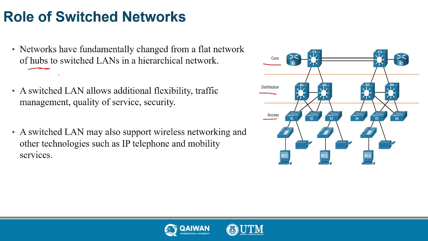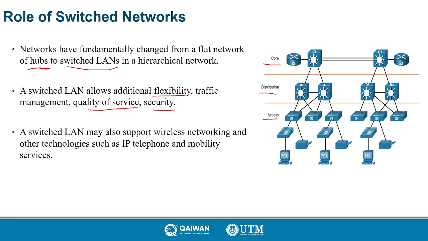So we will need to use switched LANs in the hierarchical network. Then the switched LAN allows additional flexibility, traffic management, quality of service, and security. So you might be asked, a switched LAN allows what? Flexibility, traffic management, quality of service, and security. These are the advantages of the switched LAN.